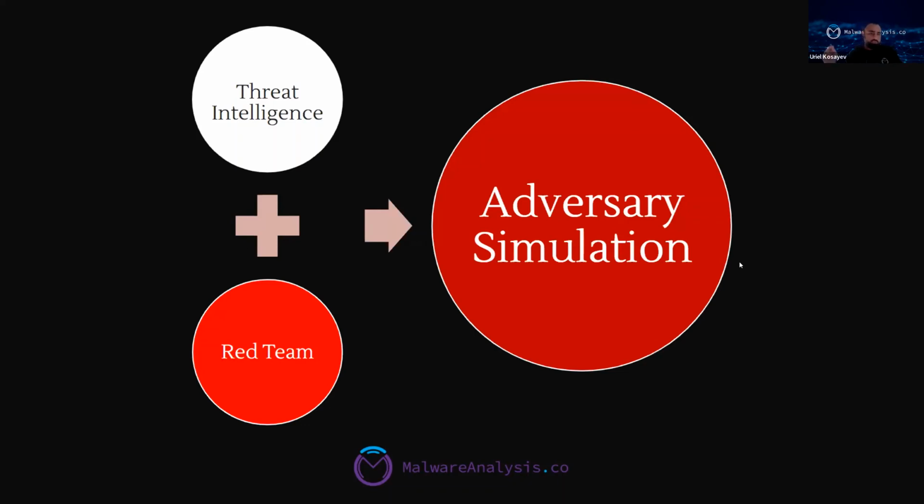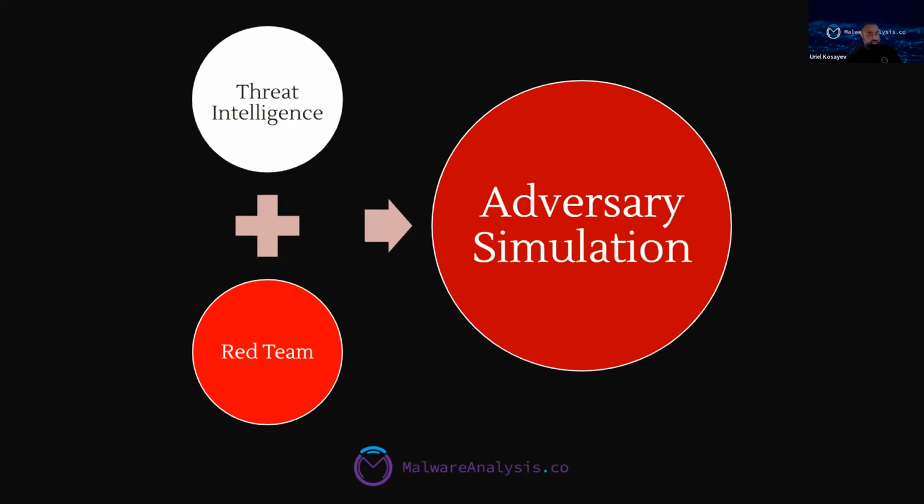A real adversary simulation, not this mumbo jumbo cyber stuff like we are doing red teams, but it's actually a penetration test. Okay, there is a huge difference between a penetration test and a red team. The combination of a red team and threat intelligence equals an actual adversary simulation, because you need the threat intelligence, you need the information.